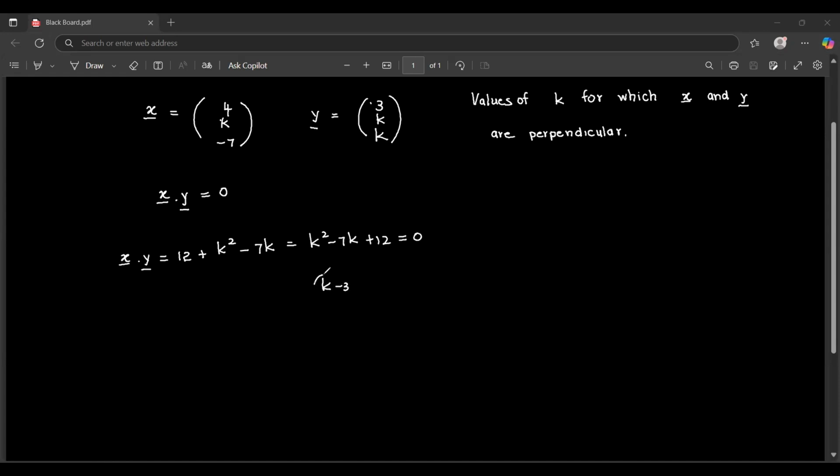That will give me (k minus 3) into (k minus 4), which is equal to 0. So for the values k equals 3 and k equals 4, vectors x and y are perpendicular to each other. This is another question that we can do in scalar product.